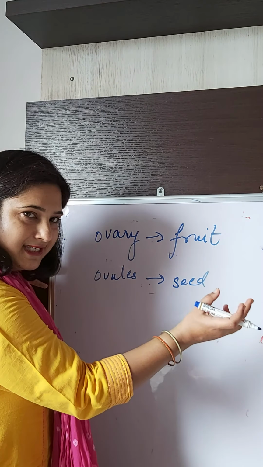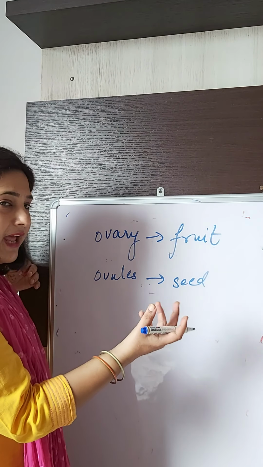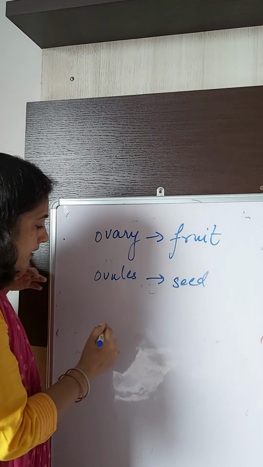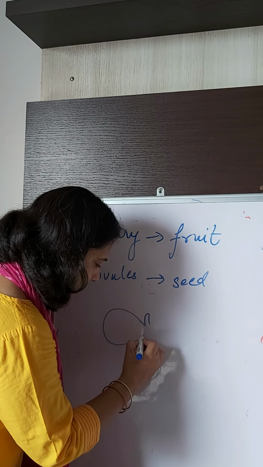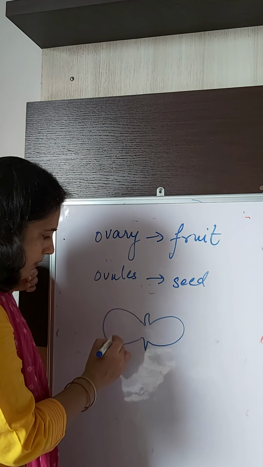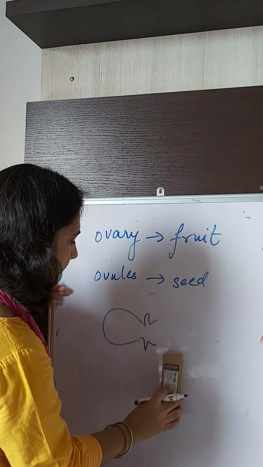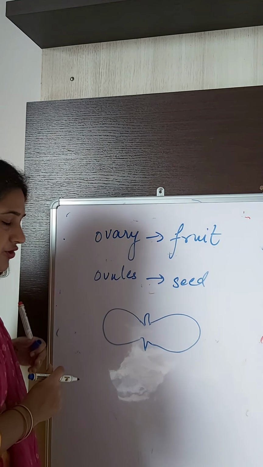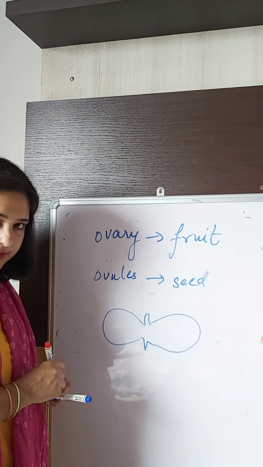The seed develops, it germinates. Now, we'll look at the example of a dicot seed. A dicot seed, like a gram, chana. We know that it has two cotyledons. Yes, you have studied it in class 9. One cotyledon and the second cotyledon. When it germinates under the appropriate conditions, two parts arise from the seed.